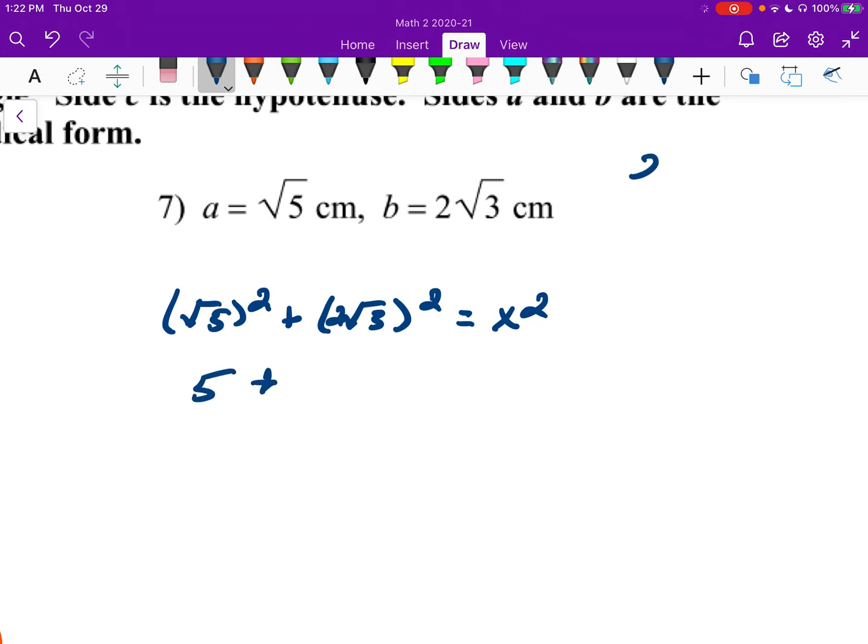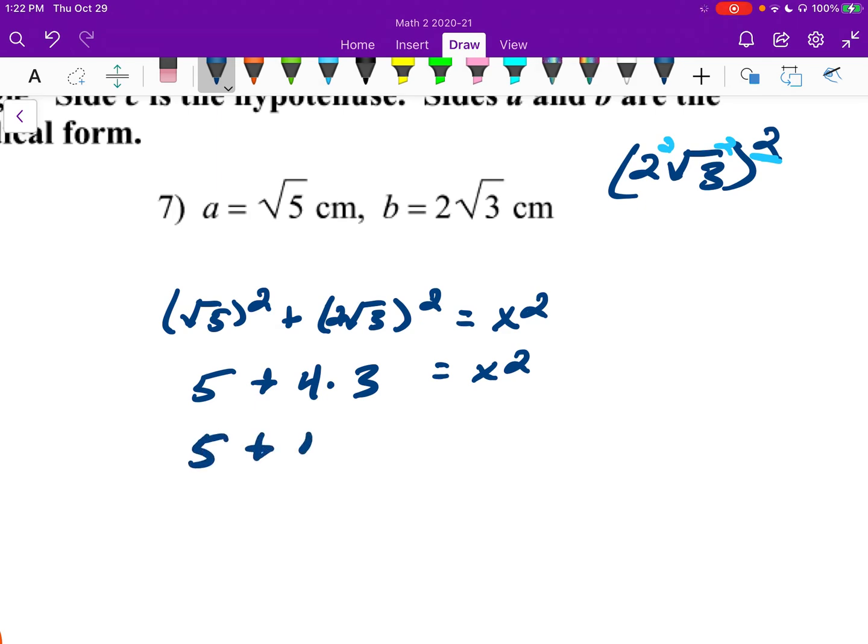Now, this 2 root 3 squared, my square here goes to the 2 and to the 3. Whenever it's on the 2, it turns it into a 4. Whenever it's on the root 3, it turns it into a 3. Right? Make sure that you always distribute that exponent to both pieces.